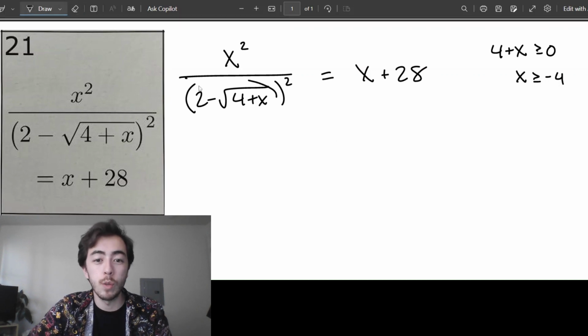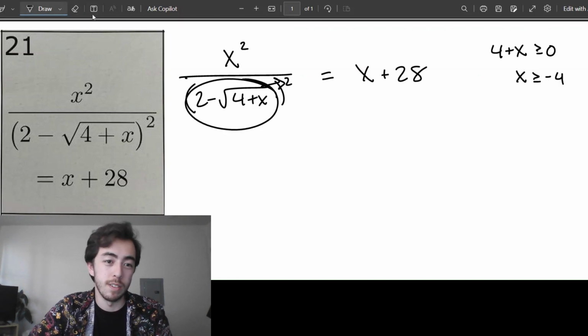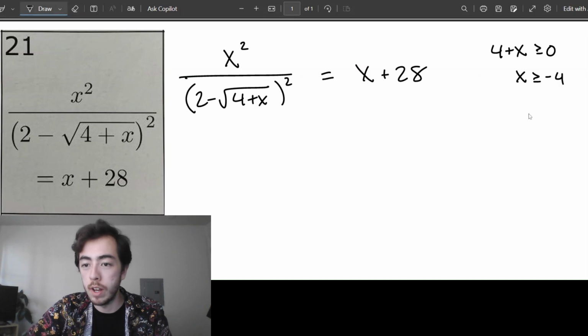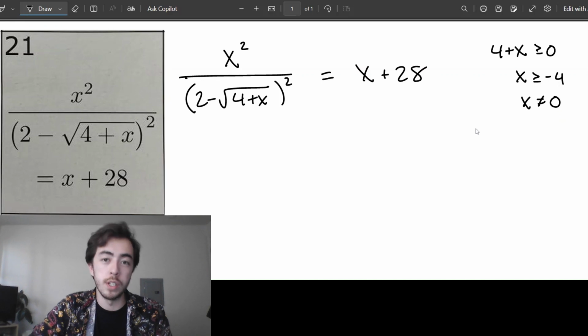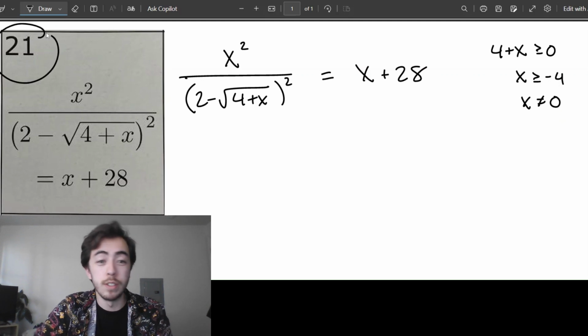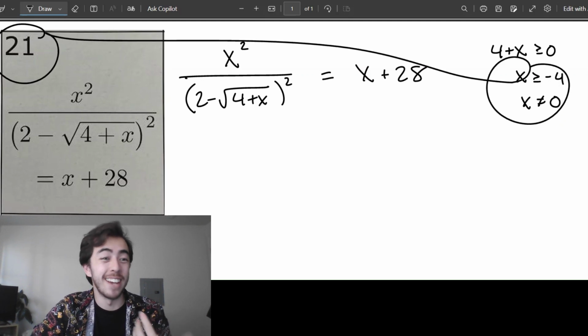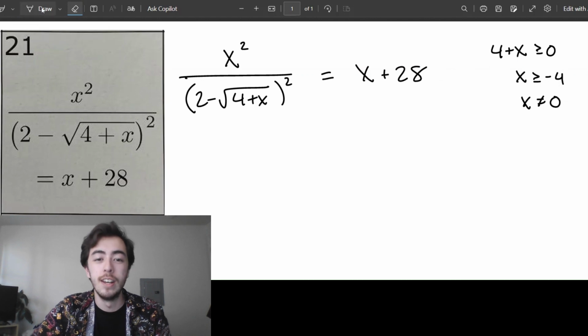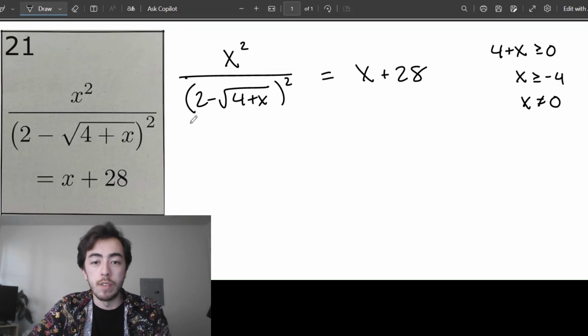Oh yeah, and once we square 0, we still get 0. So I also know that x cannot be equal to 0 for this equation to have any hope of being equal. And of course, we both know that the answer is 21, so it's good that 21 satisfies both of those conditions.